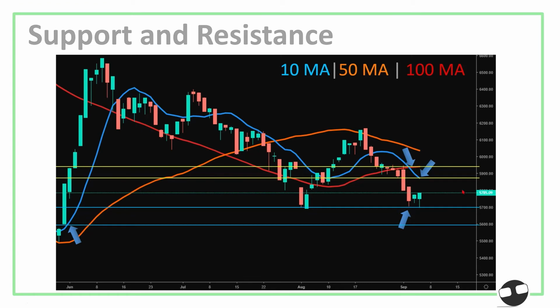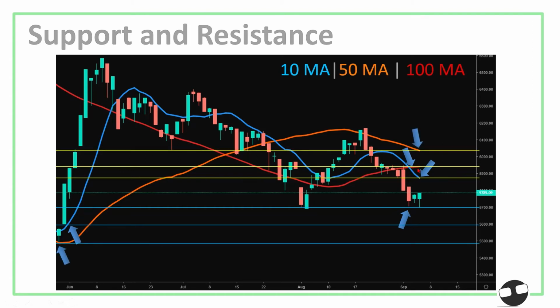So here you have the resistance at, let's say, the 100 moving average, and the third resistance line is represented by the 50 moving average. We may see that the price would move along this support and resistance level.